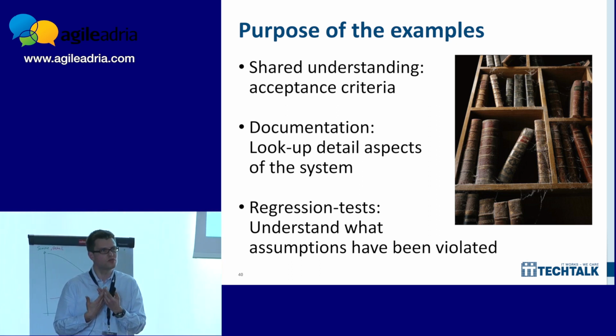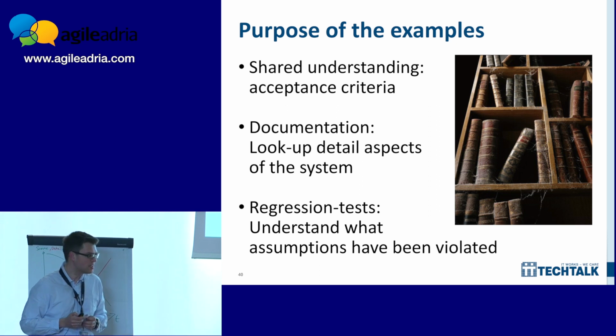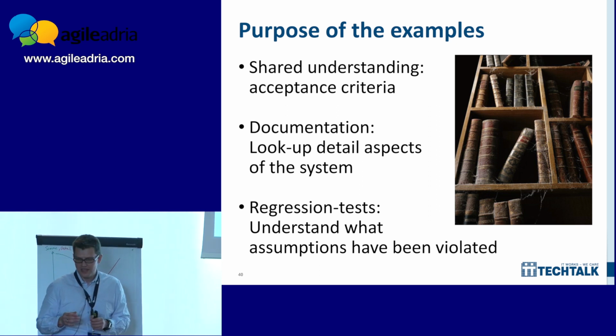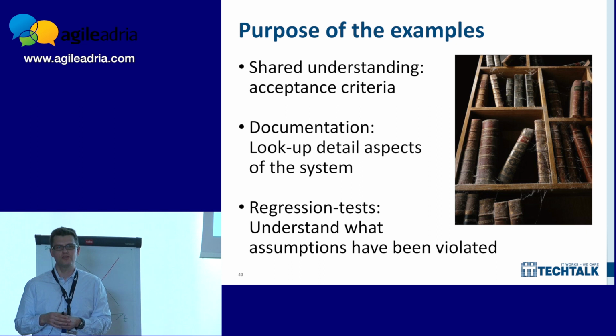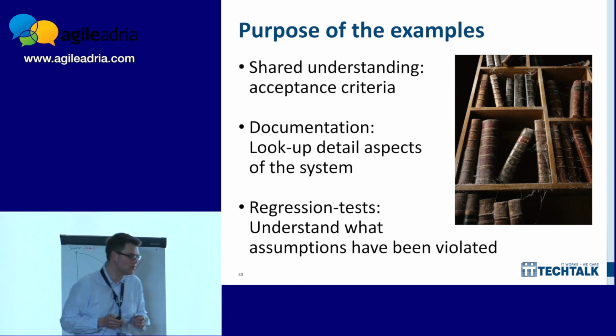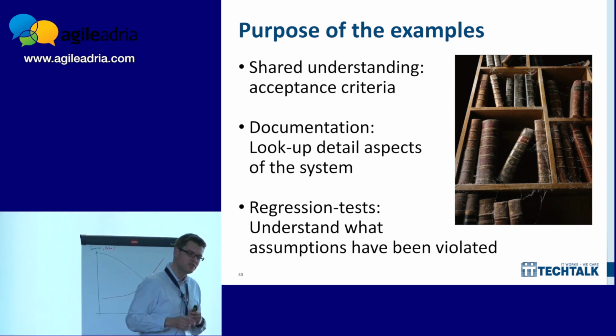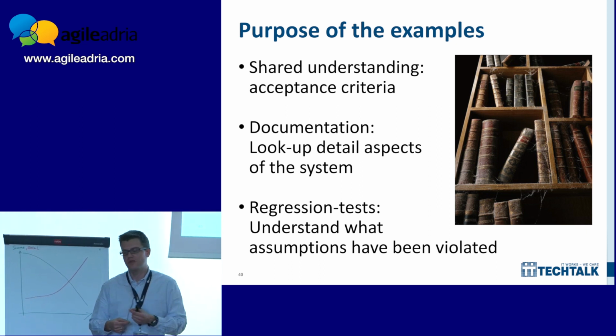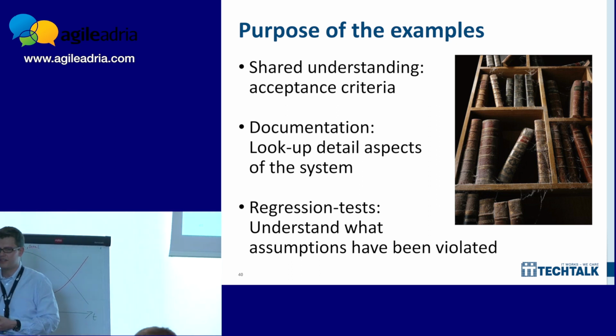Wouldn't it be great if you would be sure that what you have defined is still valid? So examples can also be used as documentation of what the details of a system are doing, and they would also be great to continuously check whether what you have assumed is still true.